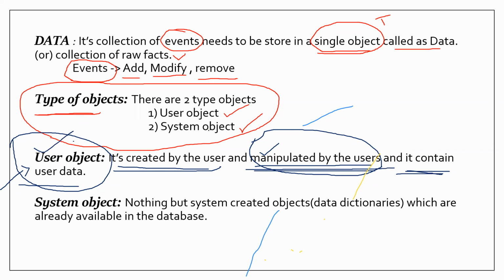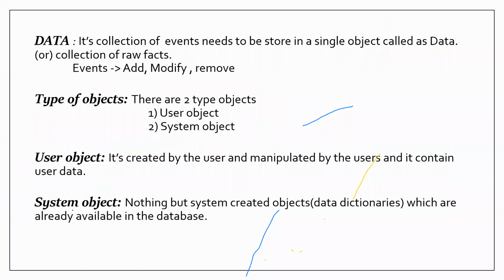Next, another object is the system object. What is a system object? It is nothing but a system created object. We can call them data dictionaries, which are already available in the database, so you need not create them.